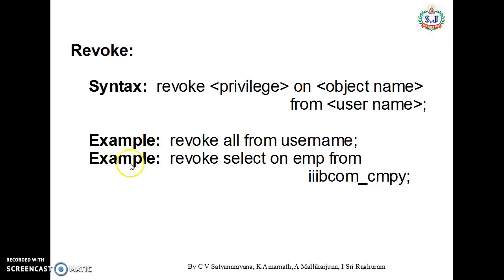Another example is revoke select on EMP from third become company, which takes back the retrieving permission on the schema EMP that was granted earlier.